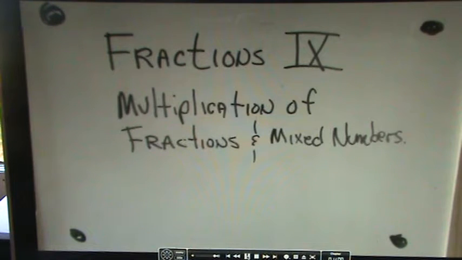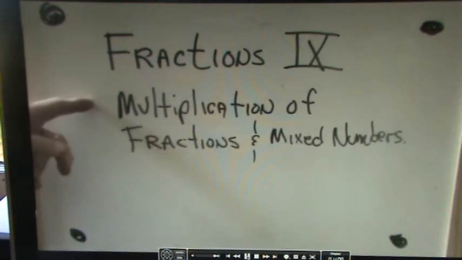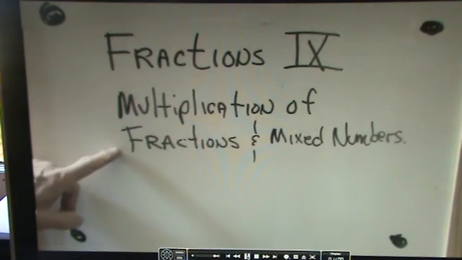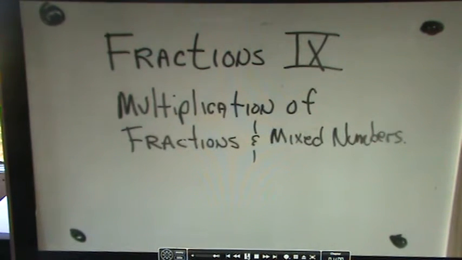And then we have also learned addition and subtraction of fractions. Well, now we're going to be doing multiplication of fractions and mixed numbers. And multiplication and division of fractions and mixed numbers is probably the easiest part of the entire fraction process. So let's take a look at some problems.